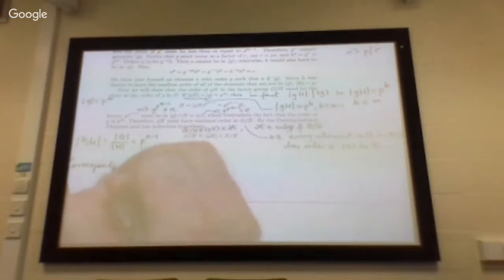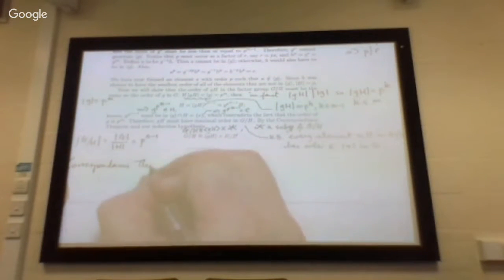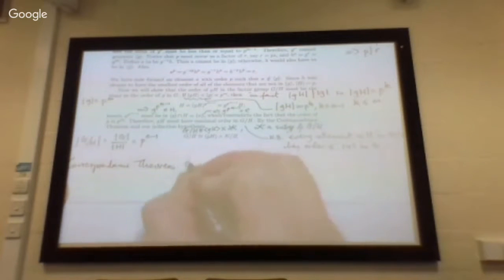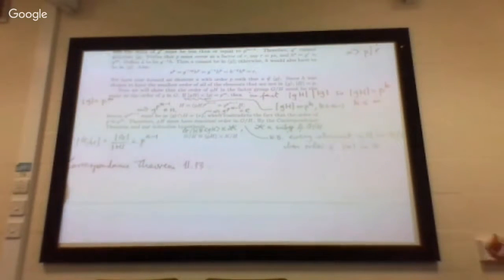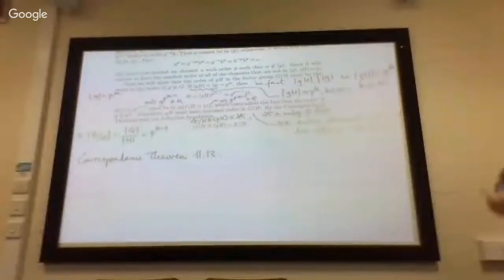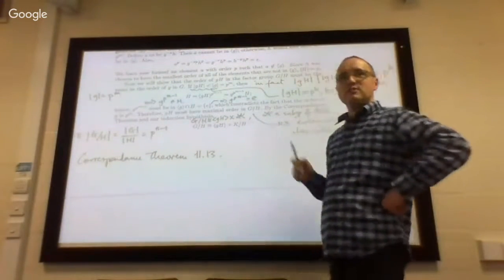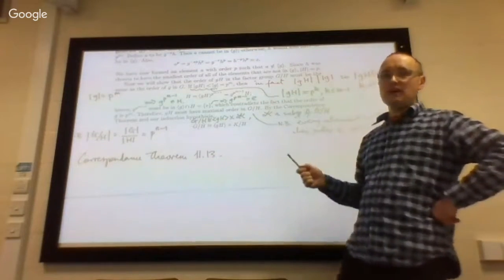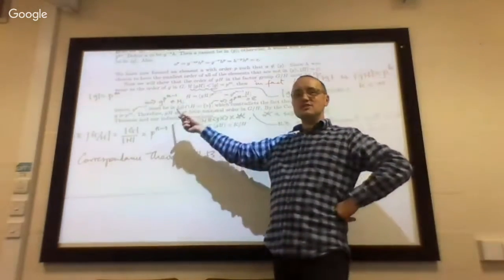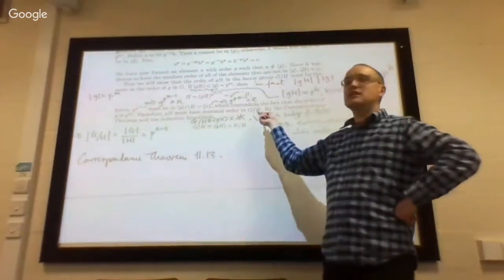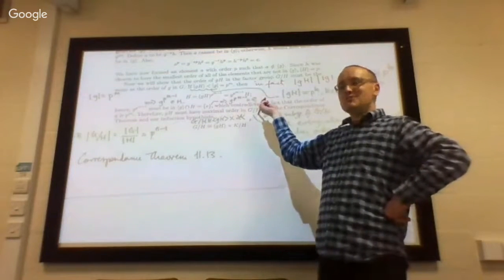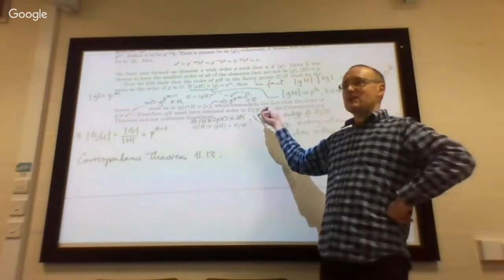The correspondence theorem, 11.13, said subgroups of a factor group exactly correspond to subgroups of the original group that contained the subgroup that you factored out by.